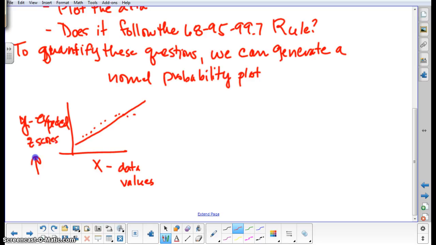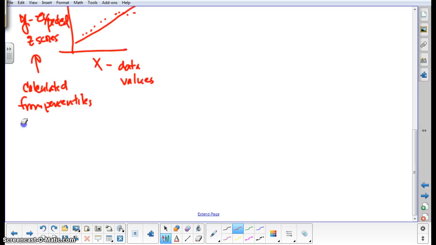These are going to be calculated from the percentiles that are determined from the five-number summary.